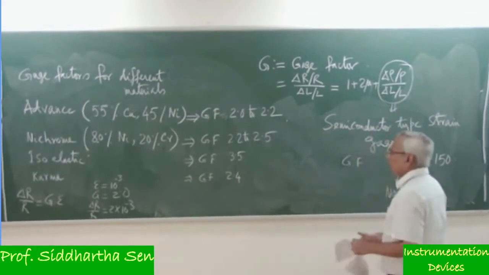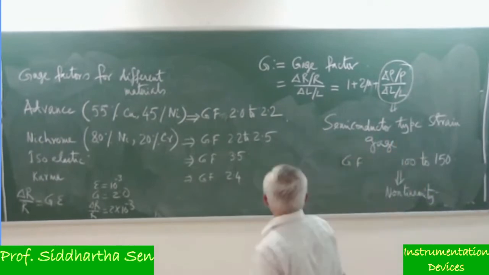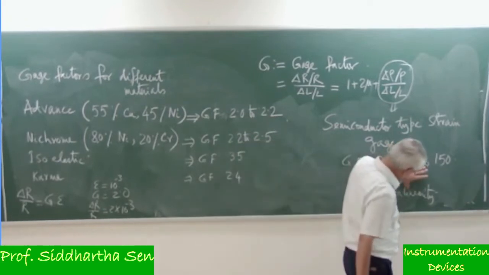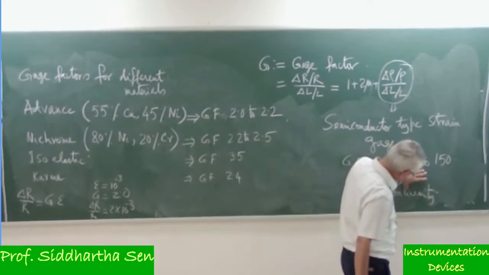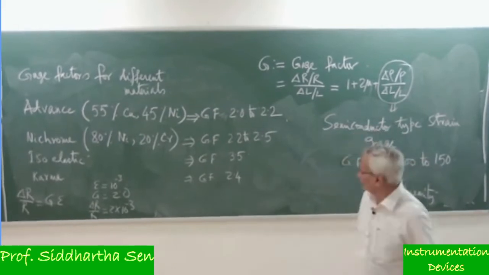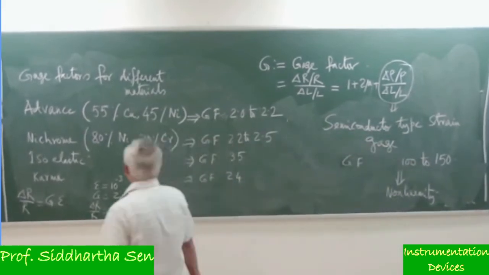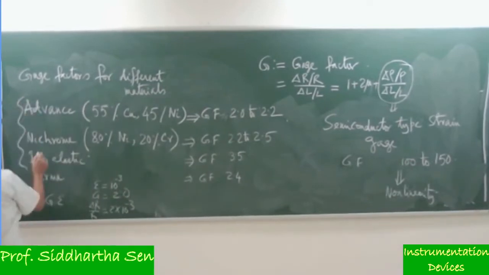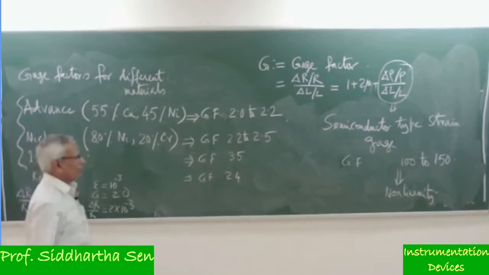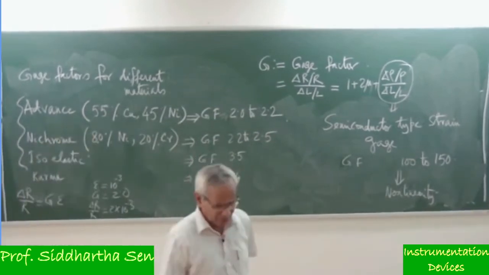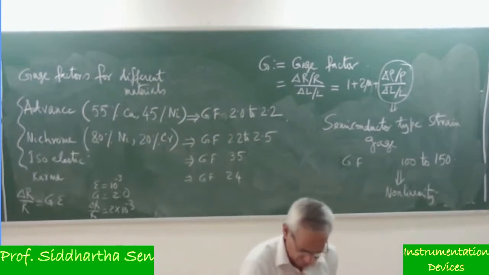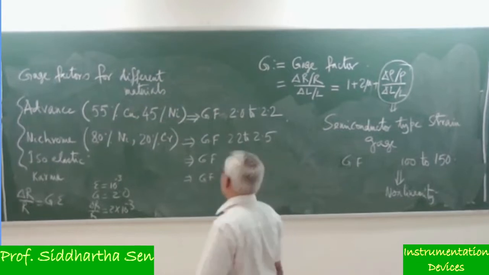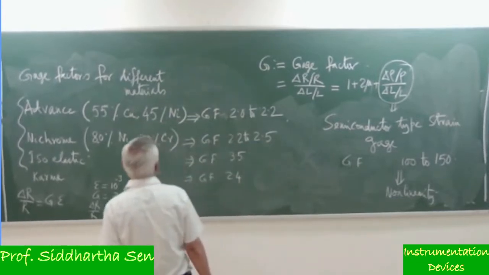We will discuss the semiconductor type strain gauges and see the characteristics. But before that, let me tell you one more thing. The question may be why we choose only this sort of strain gauge materials. Any metal could be used, but the constraint is the resistance value.